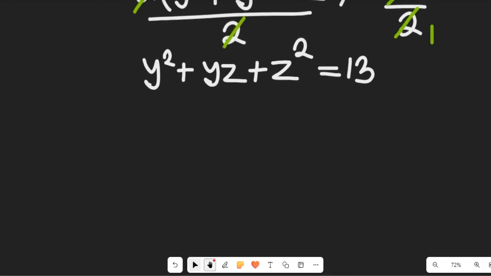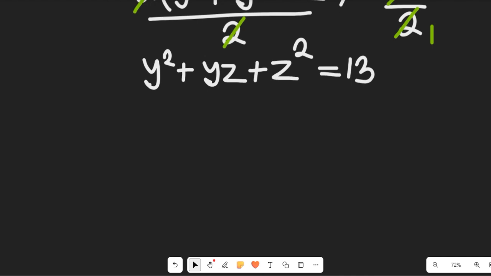Now look at that expression very well. Can we simplify that expression? Then I want you to recall from equation 1 that y minus z is equal to 2.